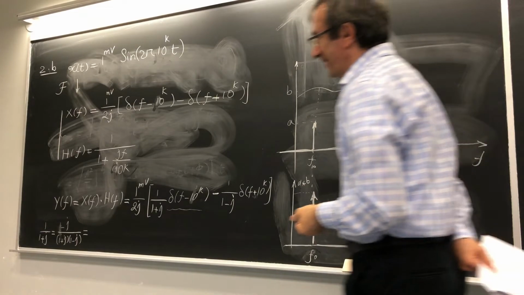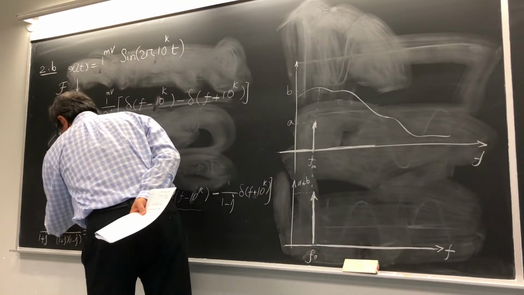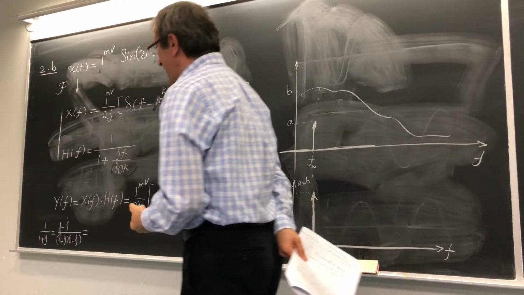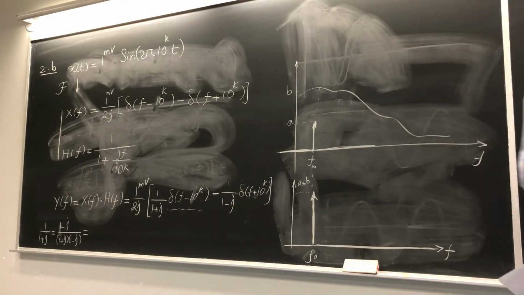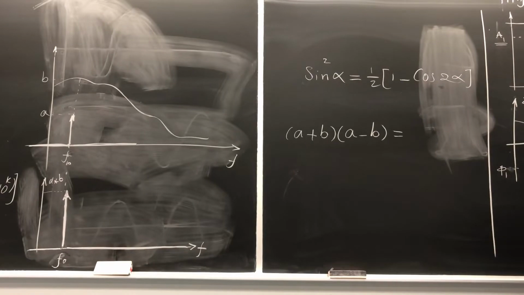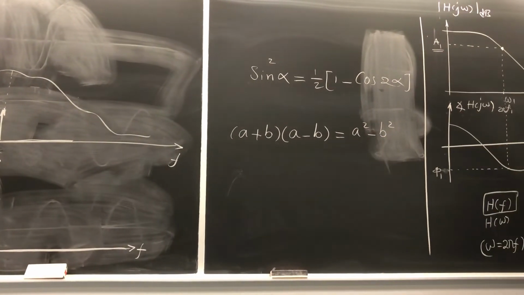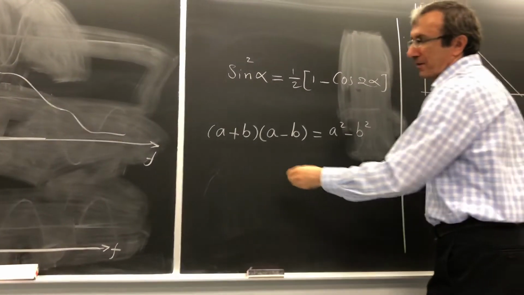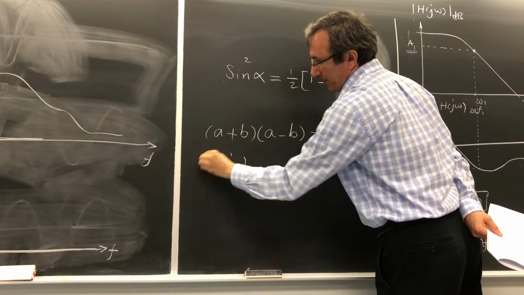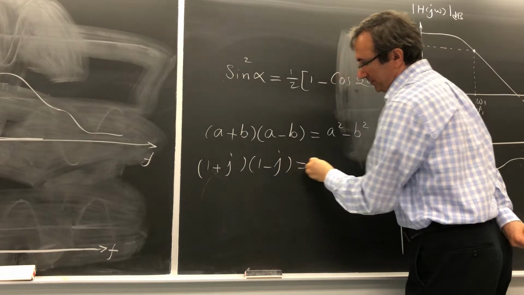Childhood memories. So many years back. What is 1 plus a times 1 minus a? Do you remember the identity? a plus b times a minus b is a squared minus b squared.